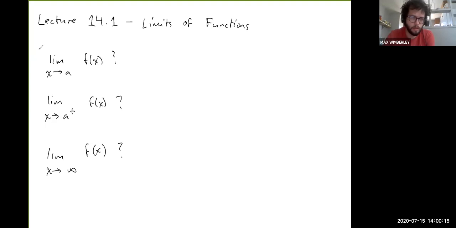Honestly, I think that this section is almost more of a complicated introduction of notation than anything conceptually profoundly new.